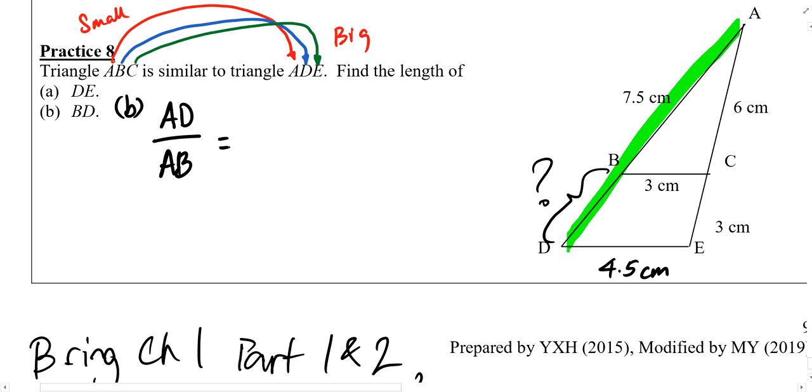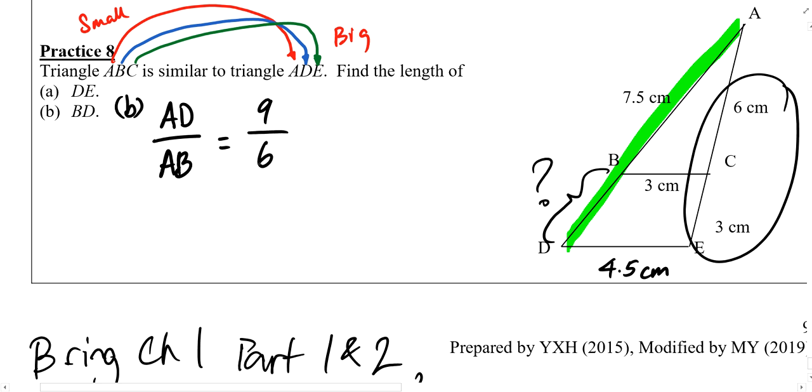So this is supposed to be equal to? Supposed to be similar to? You have many options. You have two options now. You can use either of the other sides because now you also found that this is 4.5. But in case you made a mistake, I recommend you use this. So bigger side, how much is the bigger side? 9. Smaller side? 6. So AB was given to us as 7.5.